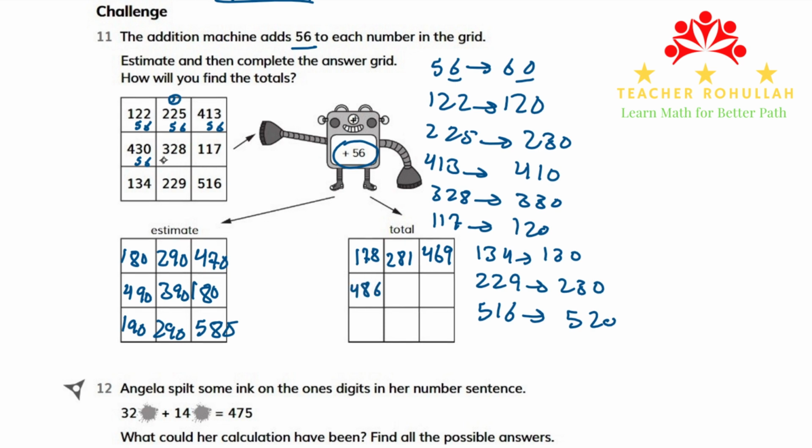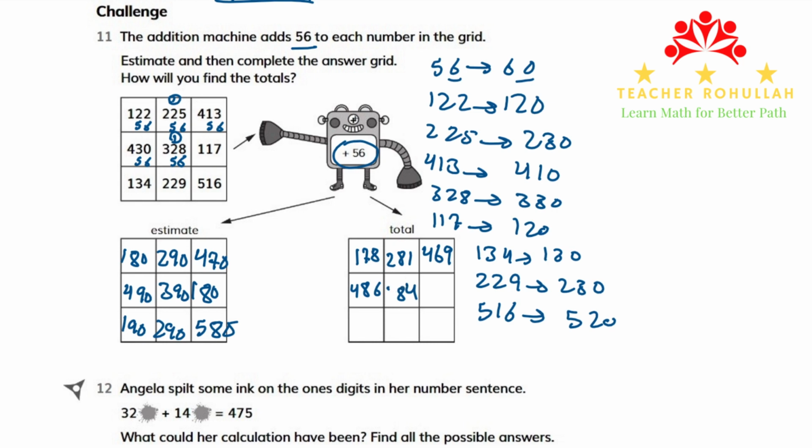328 plus 56. 8 plus 6 is 14. 1 I will write above the tens place. 2 plus 5 is 7, and 7 plus 1 is 8.